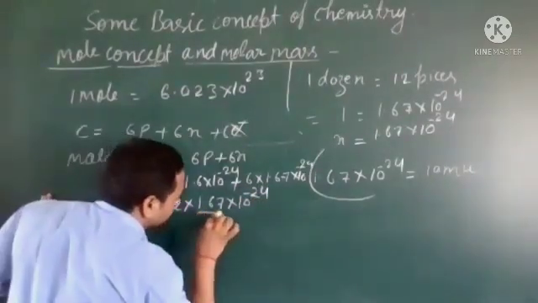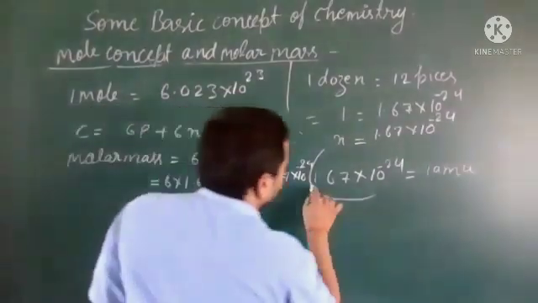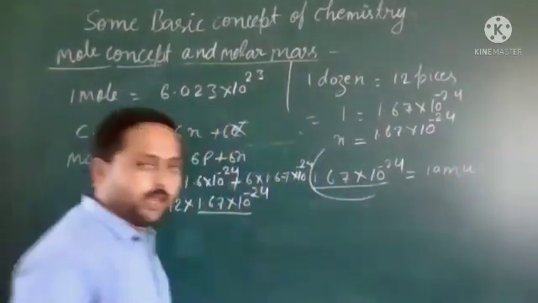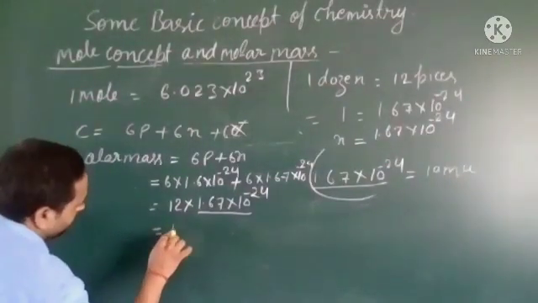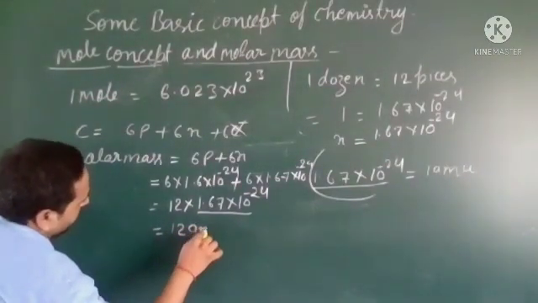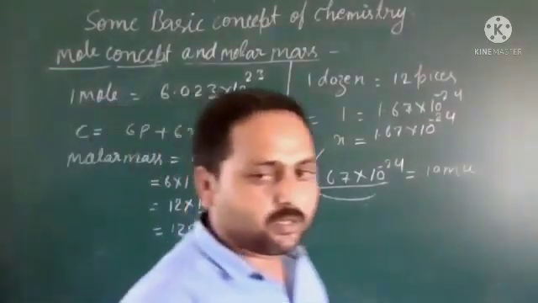In place of this, what can we write? Just 12 AMU. We have calculated 12 AMU.